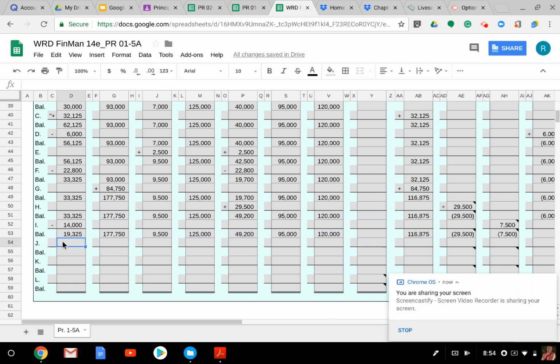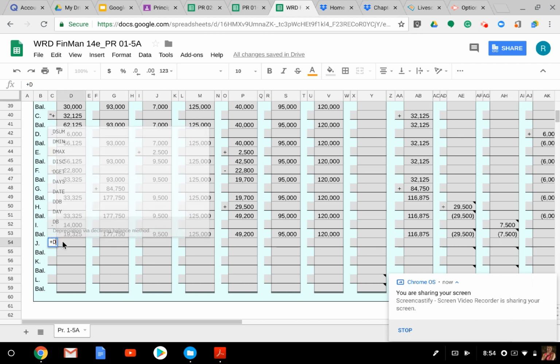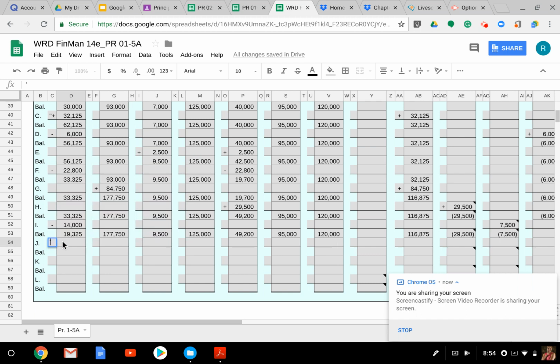J, received cash from the customer. So that means we got paid. The customer paid their bill. So we're increasing our cash by $88,000. So remember, our customer account is accounts receivable, which is the second column here, and their bill is being reduced by $88,000 even.